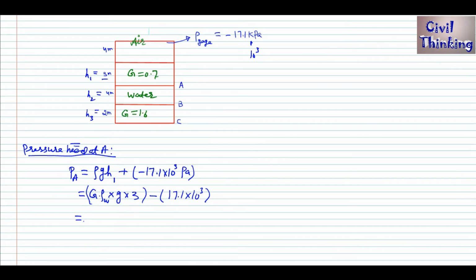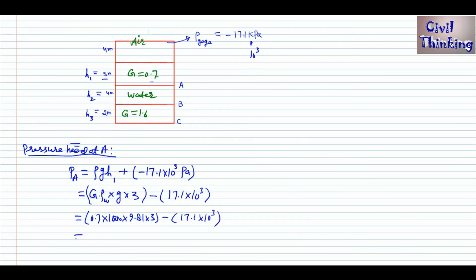Okay, so now G is 0.7, right? Here is 0.7. So 0.7, density of water is approximately 1000, multiplied by g is 9.81, and here we have 3, and then we have 17.1 times 10 to the power 3.